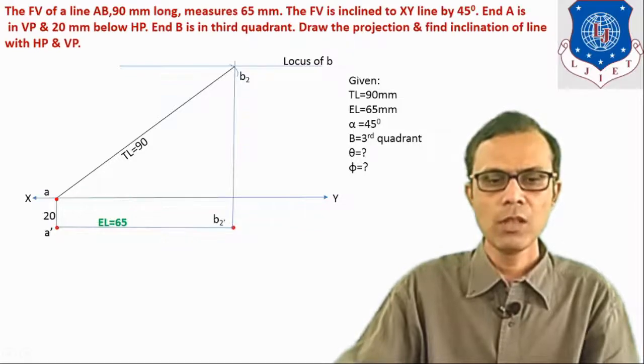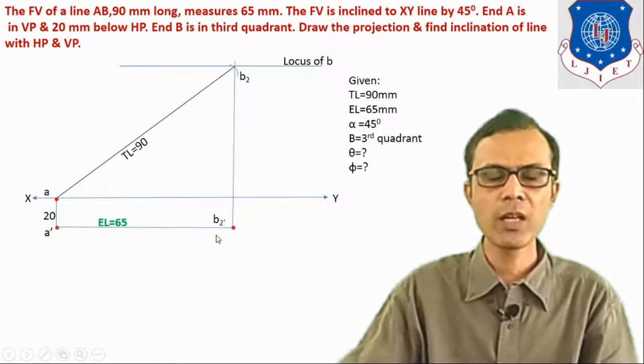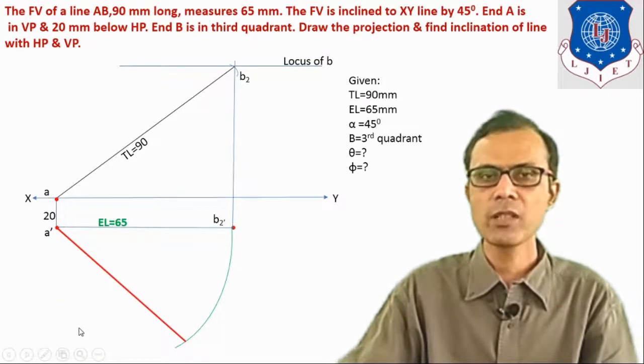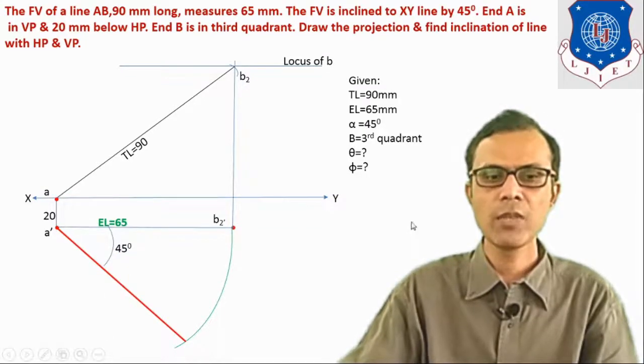Now another data that we have is alpha 45 degrees, meaning the inclination angle of this front view is 45 degrees. So take compass size equal to elevation length 65, A dash point as center point, and draw an arc in the downward direction. From A dash point, draw a line at an angle of 45 degrees because the front view is inclined at 45 degrees.